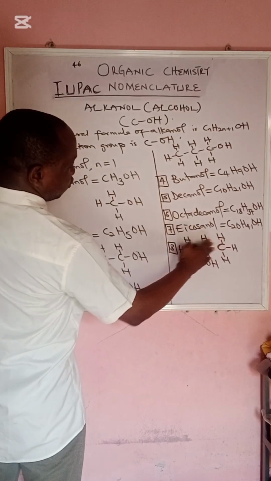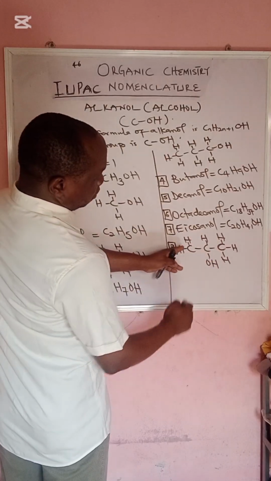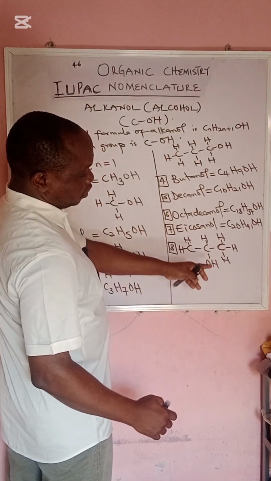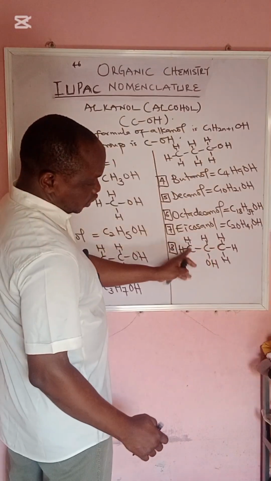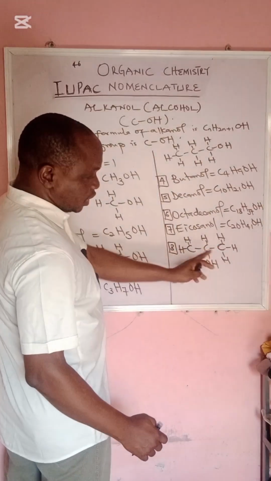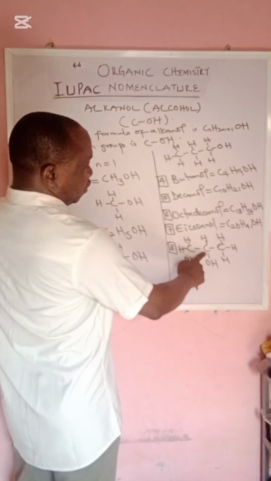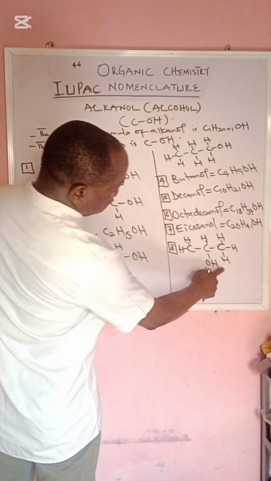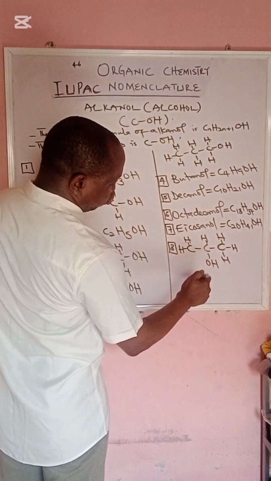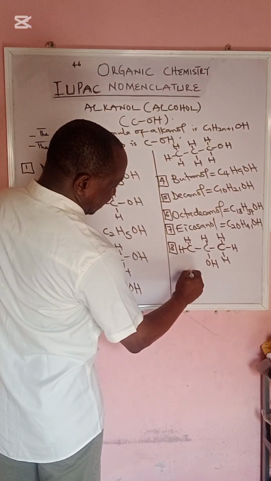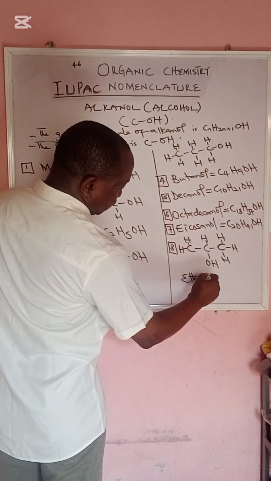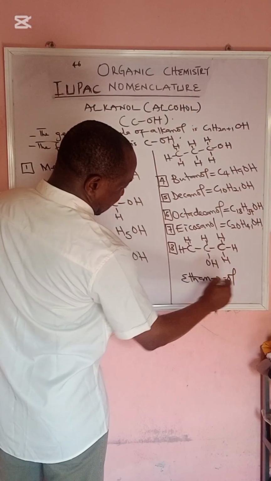If you count from left to right or right to left, from left to right 1, 2, 3, from right to left 1, 2, 3, you can see the OH is attached to carbon 2 in either order. So it will be propan-2-ol.